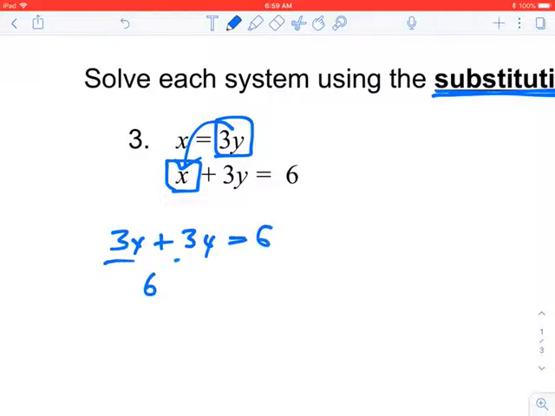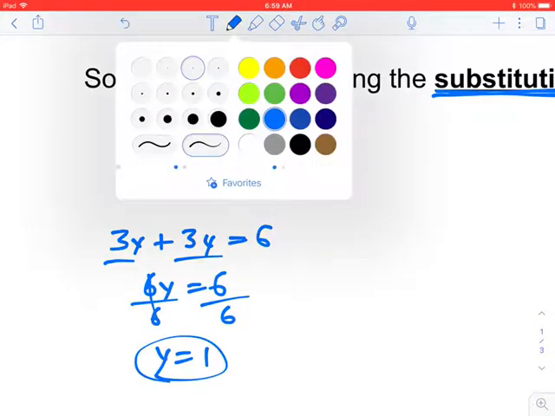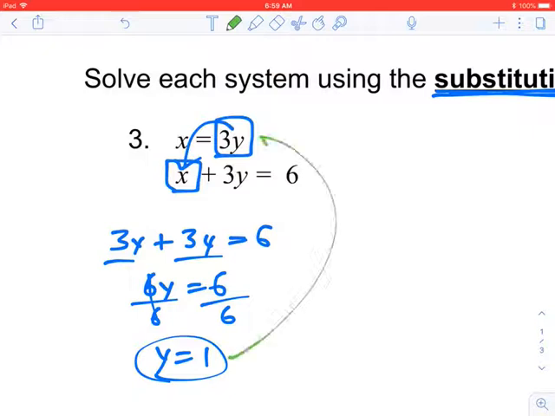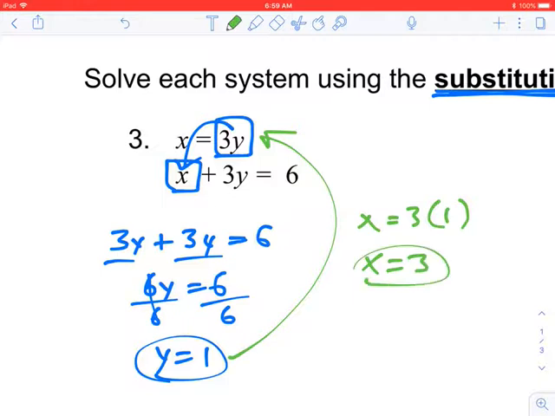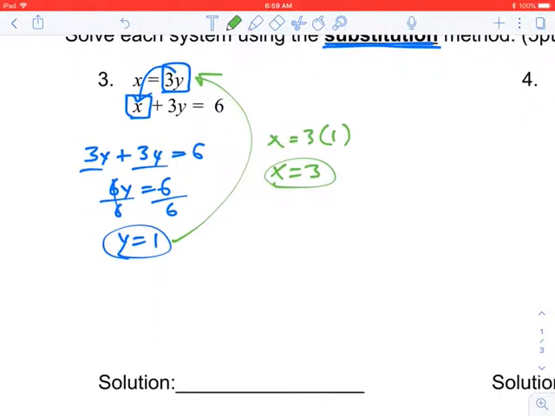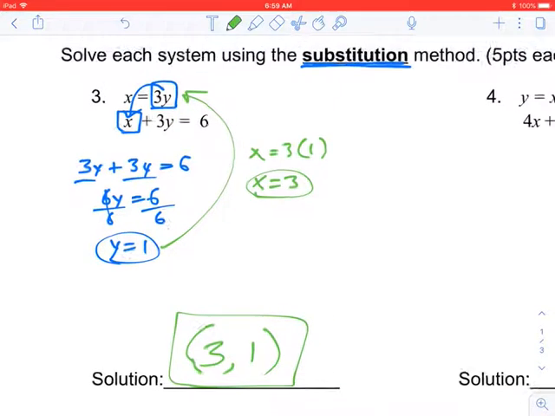So that's combining like terms. That's 6y equals 6. Divide by 6, and we get y equals 1. And so once I get one answer, plug it in to find the other. So x equals 3 times 1, therefore x equals 3. And so my final answer should be a point once again, and there we are, 3, 1.